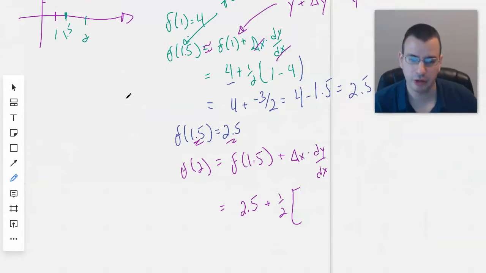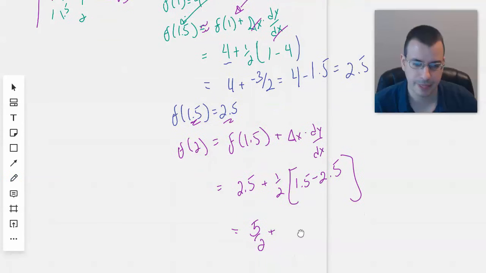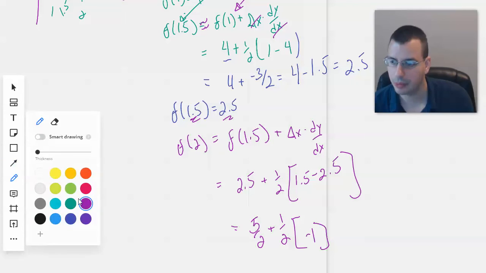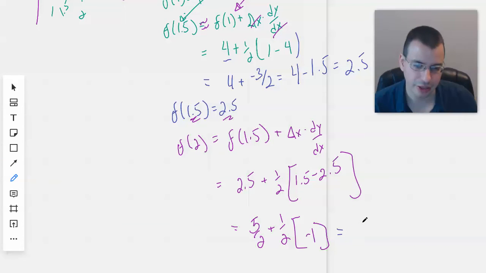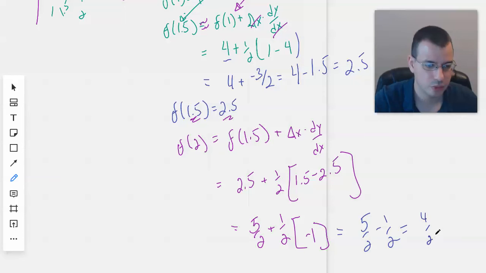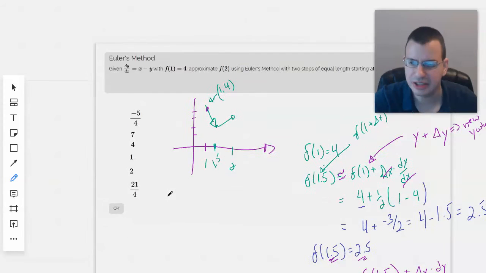So x minus y would be 1.5 minus 2.5, which equals negative 1. I can write this in terms of 5/2 plus 1/2 times negative 1. So we're left with 5/2 minus 1/2, which equals 4/2, which is 2. Let's see if that seems reasonable. It does seem reasonable.